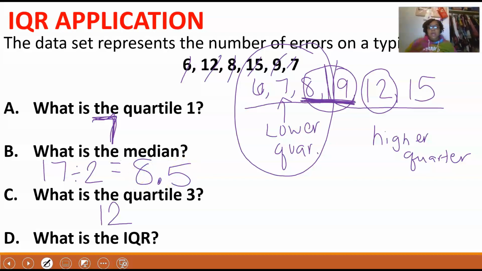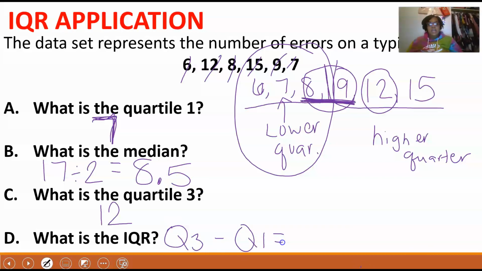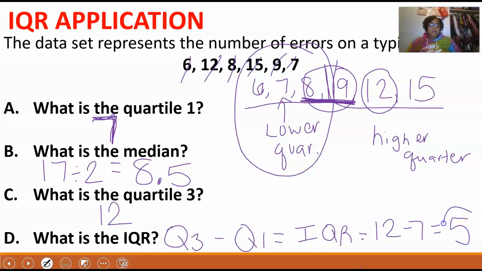And then to find the IQR for the data, you have to take quartile 3 and subtract quartile 1, and it will give you the IQR, which is 12 minus 7. The IQR is 5. And that is the IQR for that set of data. That is how you find the IQR.